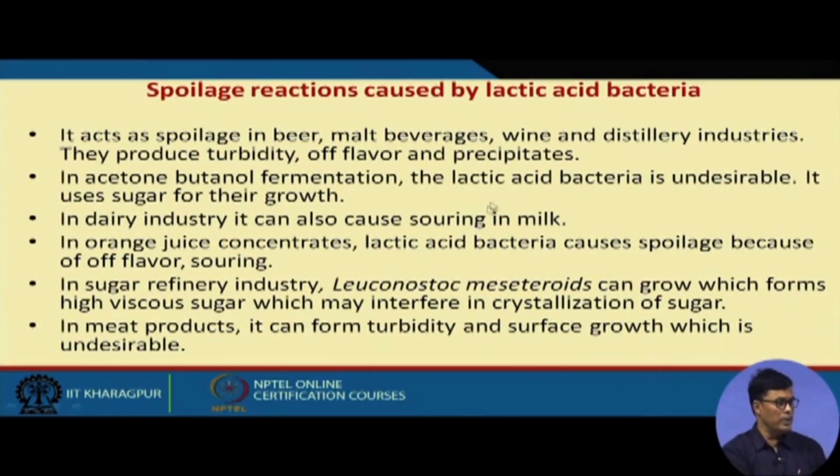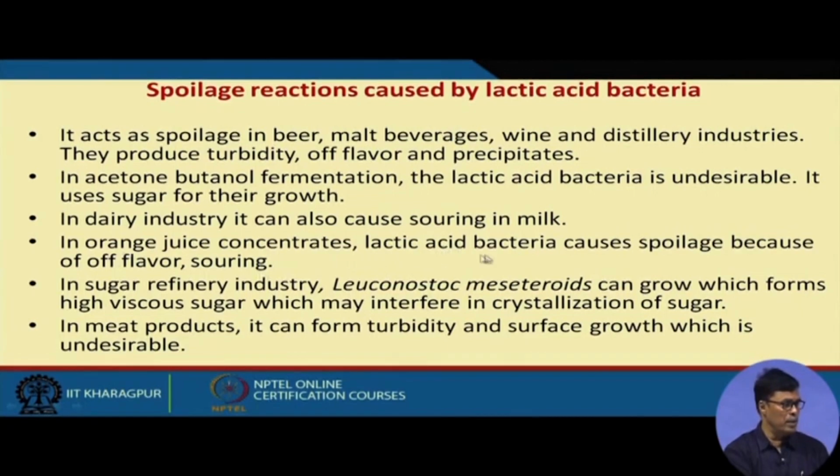Now, spoilage reactions: lactic acid bacteria cause some kind of problem in industry. As for example, they act as spoilage agents in the beer, malt beverage, wine and distillery industry. They produce turbidity, off flavor and precipitates. In acetone butanol fermentation, lactic acid bacteria are undesirable; they use sugar for their growth. In the dairy industry, they can cause souring in milk.